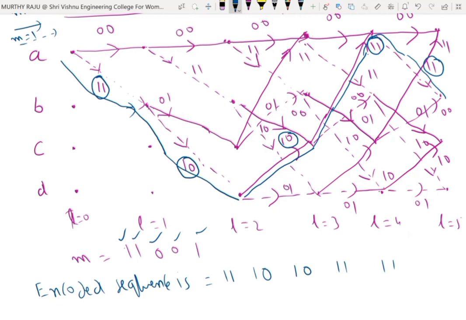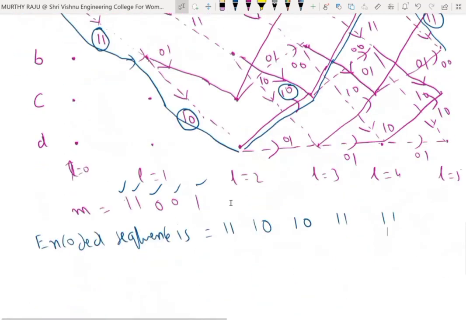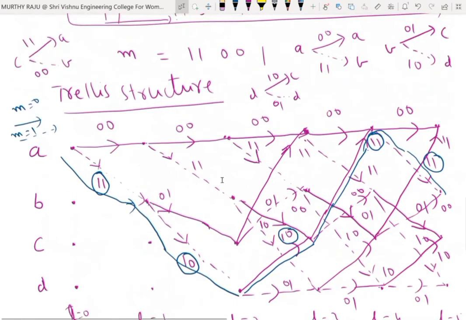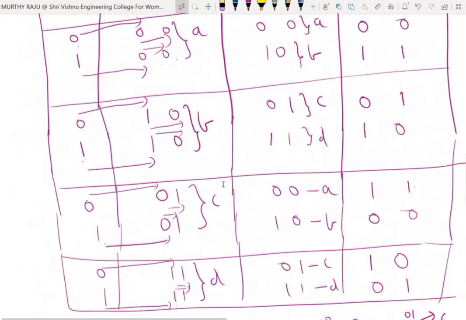This is the output of the convolutional encoder. That given message sequence is encoded with the help of the trellis structure.